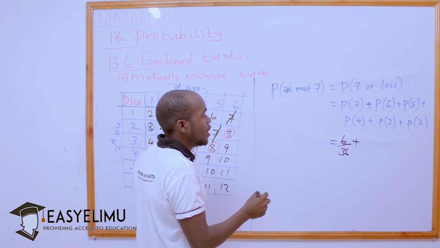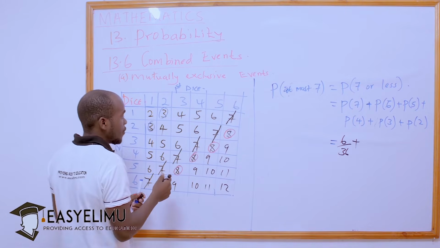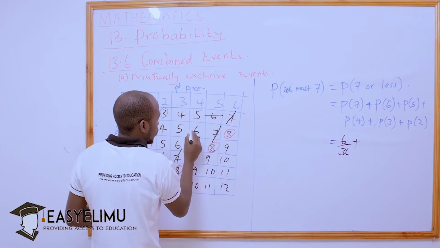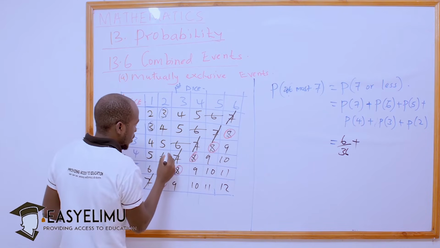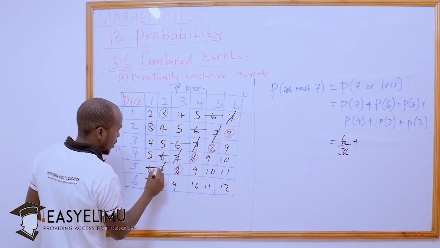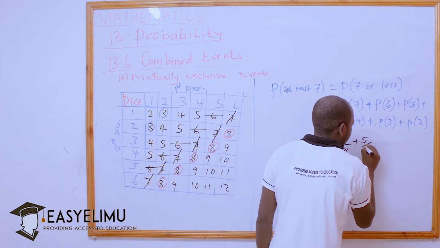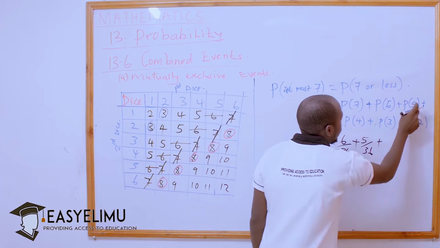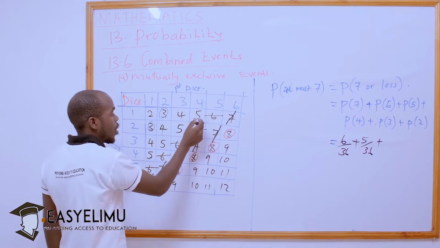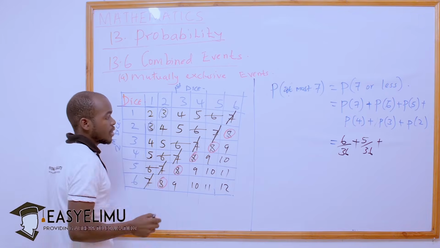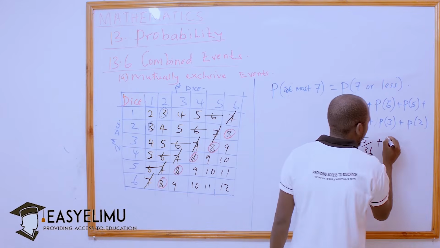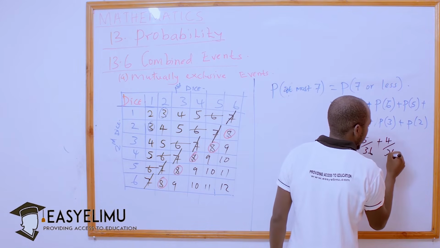We add to that showing number 6, and that of number 6 will be 1, 2, 3, 4, 5. So we are having 5 of them. So there are 5 over 36. We shall add to that of 5, and that of 5 is 1, 2, 3, 4. There are 4 in number, so we are going to add 4 over 36.